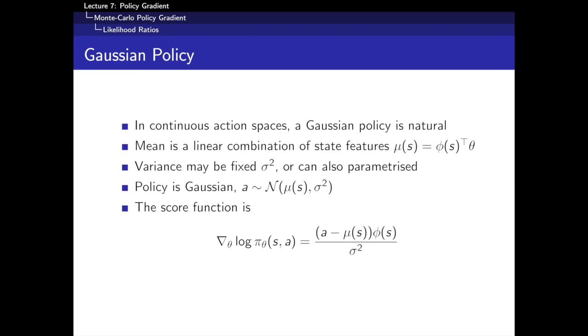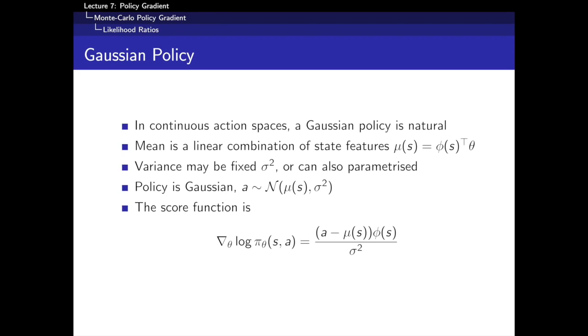Well, the score function is basically, again, this tells us how to get more of a particular action. And here, again, we have something very similar to the last slide, where this tells us this is the action we actually took. This was our action A. And this is the mean action. This is the mean. So we basically want to know, let's take the action we actually took minus the mean.